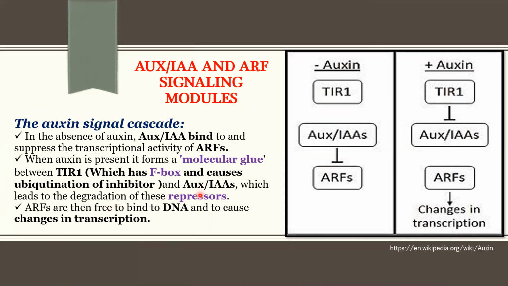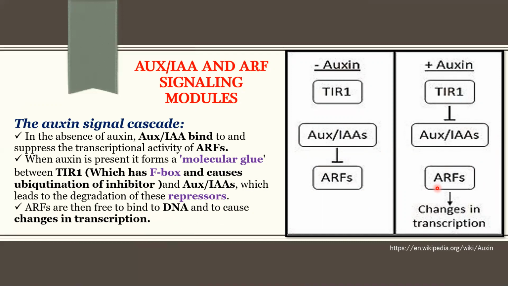Okay, and Aux/IAAs are degraded, and the repressor is removed. The repressor is removed and ARFs are then free to bind to DNA and cause changes in the transcription. And then finally ARF transcription factors are free, and thus transcription is done, and important proteins are formed.